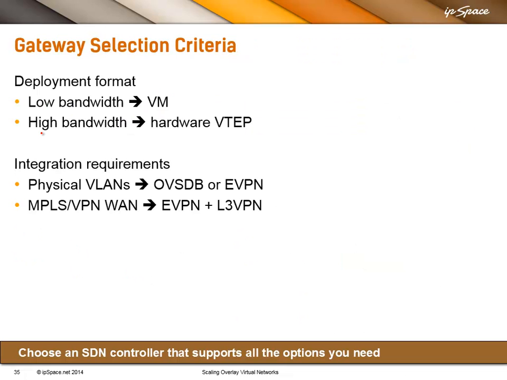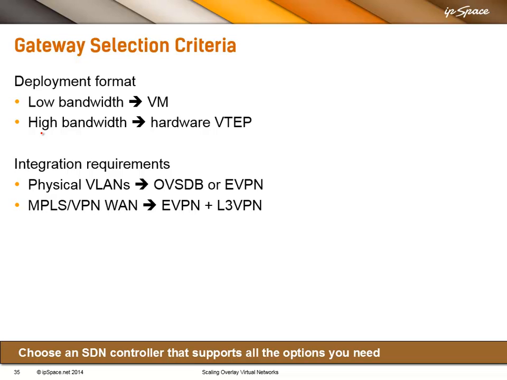So if we talk about hardware gateways, first you need to figure out what bandwidth you need. Low bandwidth, go with VMs, or maybe dedicated x86 servers. High bandwidth, go for a full-blown hardware VTEP. Next question is the integration requirements.